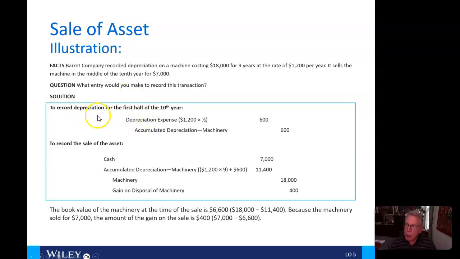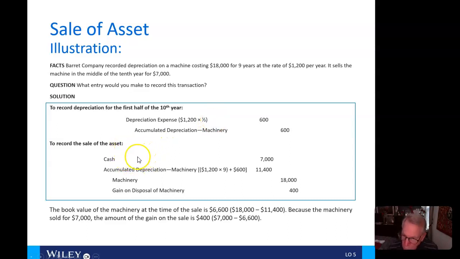Okay, first of all, we're going to bring the depreciation up to speed. We'll debit depreciation expense and credit accumulated depreciation on the machinery for $600. And that's our normal depreciation rate of $1,200 depreciated through the middle of the 10th year, so half of $1,200.